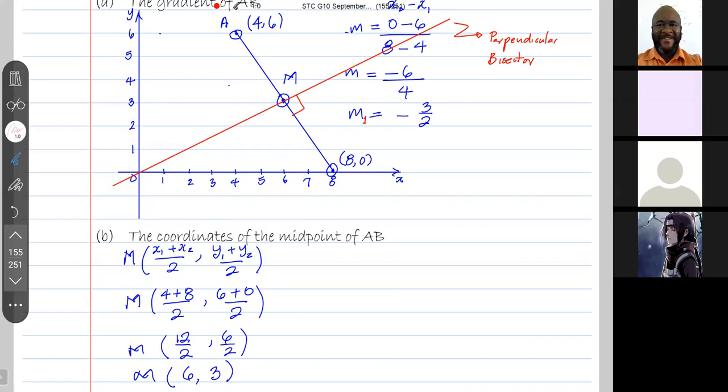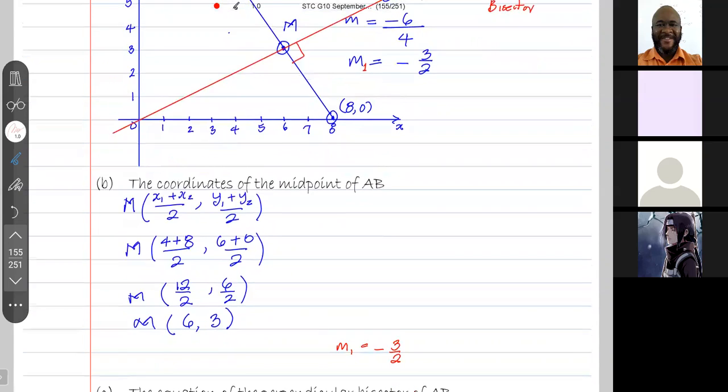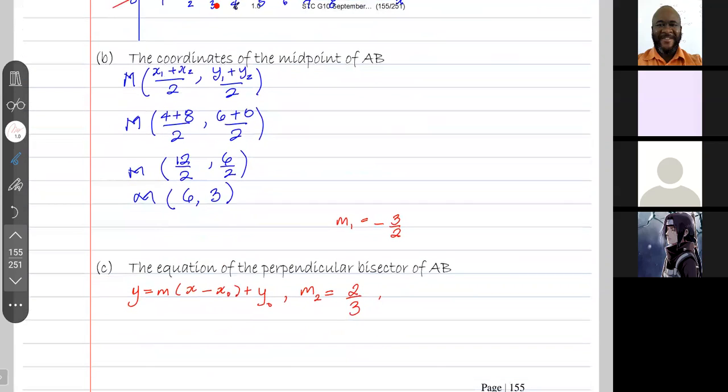The midpoint of AB is one point that is on the perpendicular bisector of AB. So using M, which is 6, 3, for the purpose of the formula, this is X0 and this is Y0.